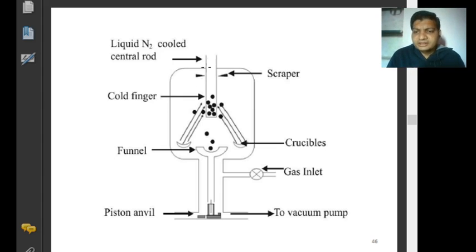So the vapors of our nanoparticle material get condensed on this cold finger together with the gas molecules, and then with this scraper we can remove it, and it might come to this crucible funnel.